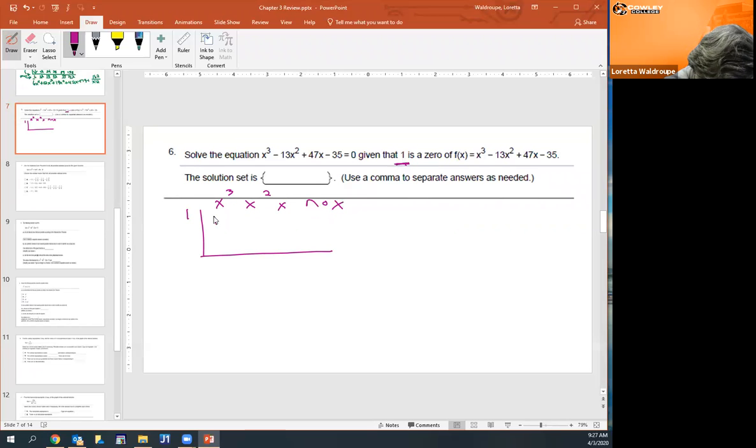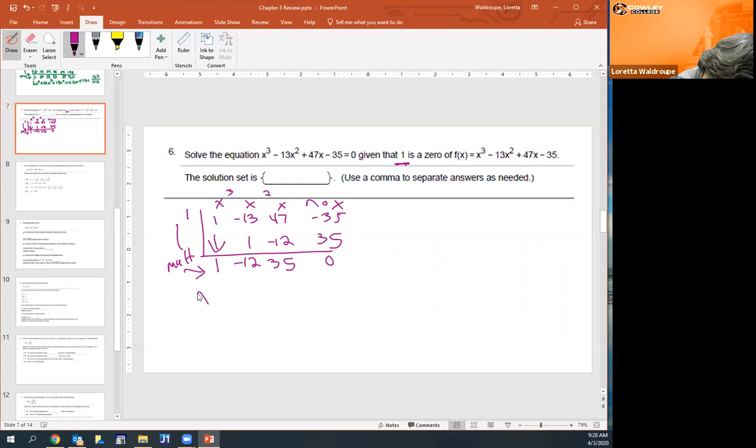So I have a 1, a negative 13, a 47, and a negative 35. Since they told us this is a 0, if I don't get a 0 for remainder, I've done something wrong. So bring down the first number, and then multiply by 1. Add, multiply, add, multiply, add.